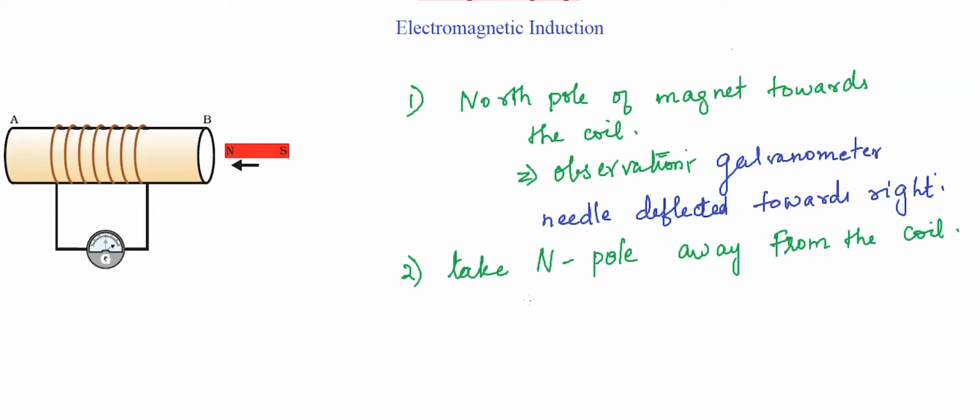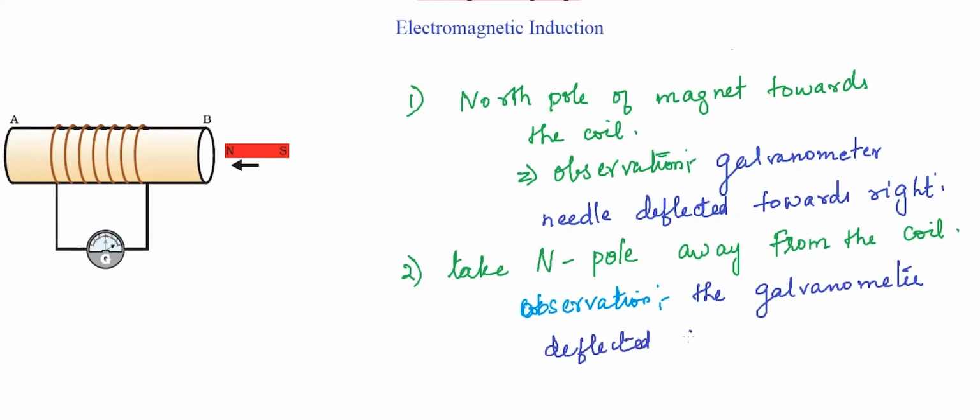What was observed is that the galvanometer deflected in the opposite direction.